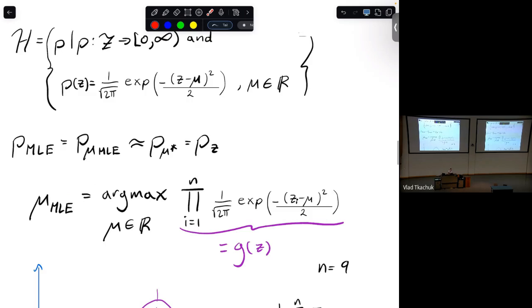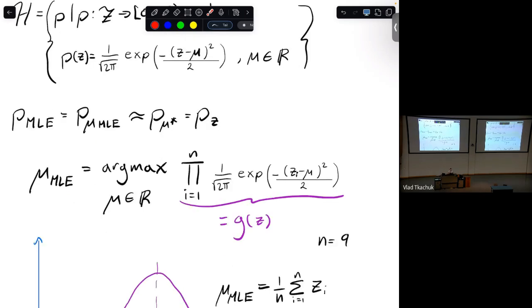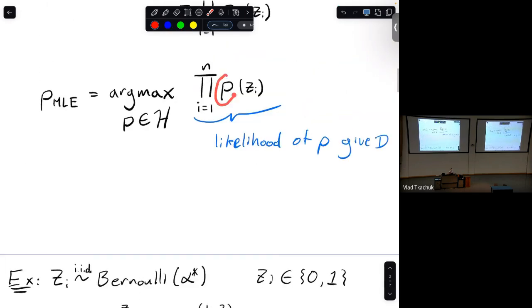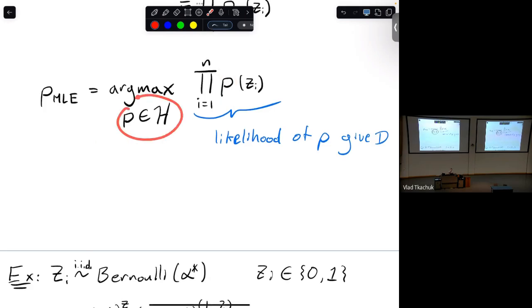And so then this whole maximum likelihood estimation equation, you go back up, it just ended up being replace P with that PDF. And since there's a one-to-one correspondence between each PDF and the parameter describing it, which is the mean, mu, taking the argmax over PDFs is the same as taking the argmax over the parameter, plugging it into the PDF and using that PDF.